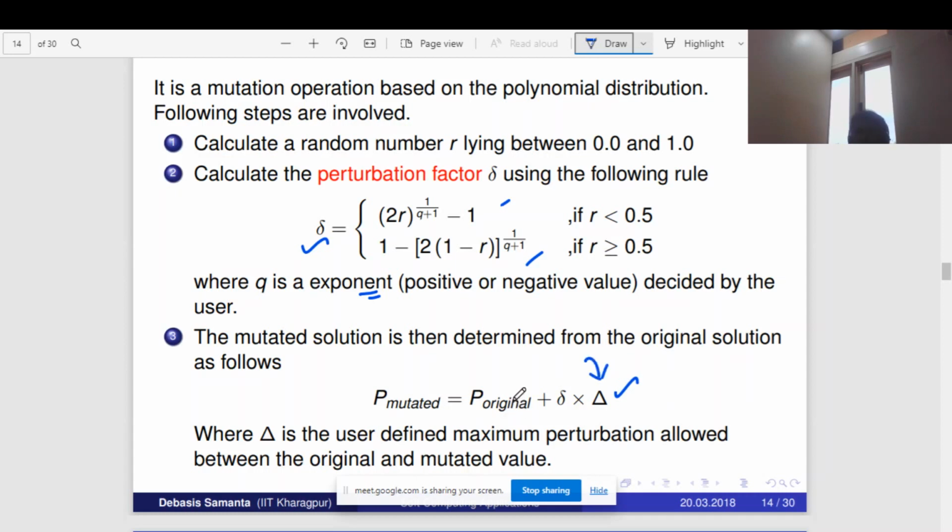There are two things the user should choose here: del and Q. And then R will be generated randomly. Based on the value of R, dow will be calculated either by using this equation or by using this equation. Once this is done, then the mutated string will be calculated like this. P mutated is equal to P original plus dow into del.